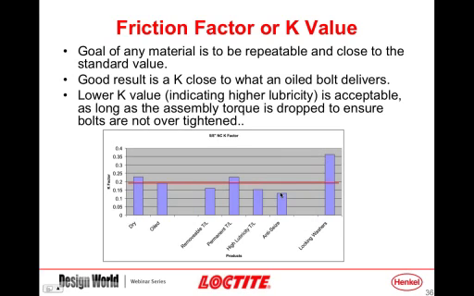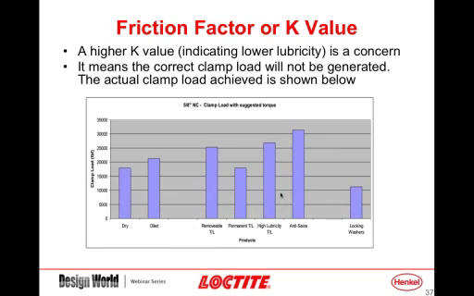And then this is how that K factor translates into, we've applied the recommended torque for an oiled fastener to these 5/8 fasteners, and you can see how that variation in K factor translates into a variation in the clamp load.